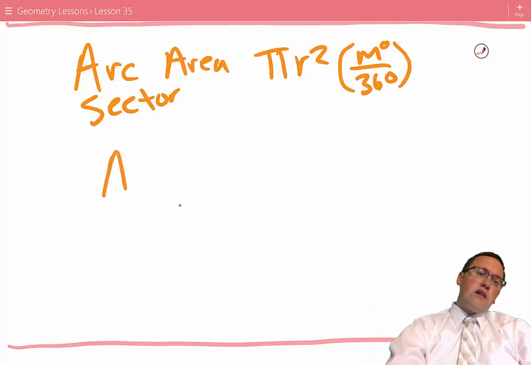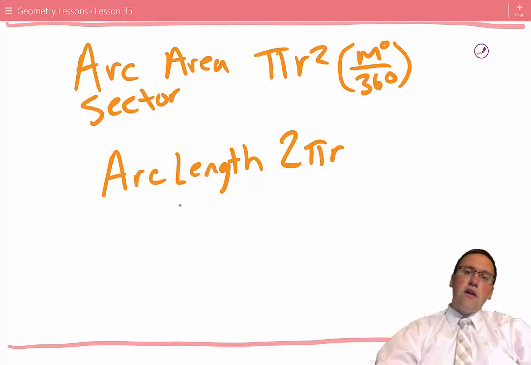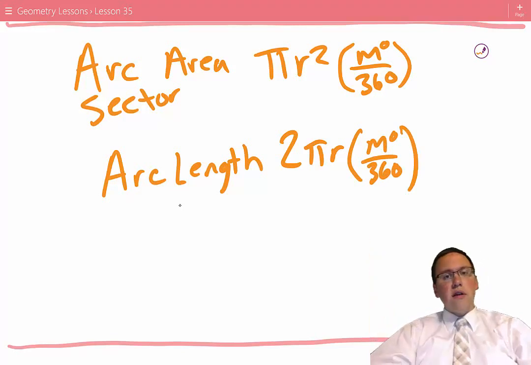And if you want the arc length, you just do the 2 pi r, which you would normally do for circumference, and multiply that by what fraction of 360 the slice is.